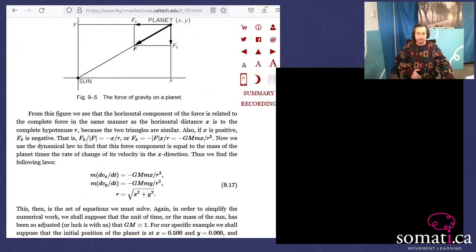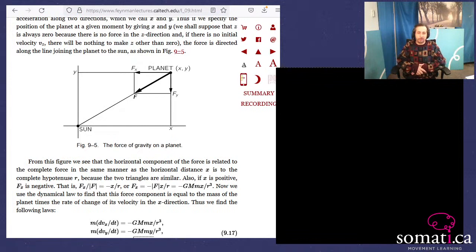The wording here isn't how I'd word it, so I'm going to try to actually follow it. Horizontal component of the force is related to the complete force in the same manner as the horizontal distance x is to the complete hypotenuse r, because the 2 triangles are similar.